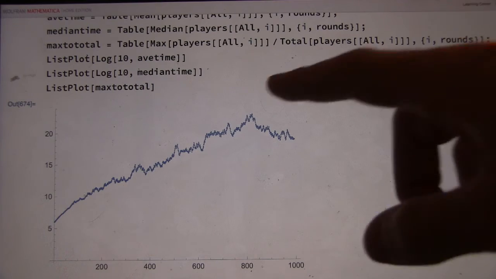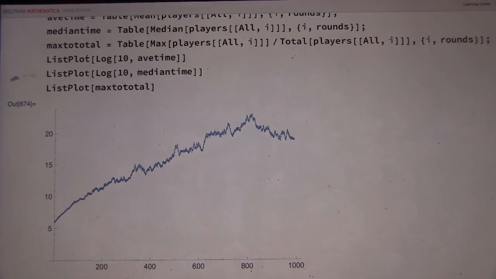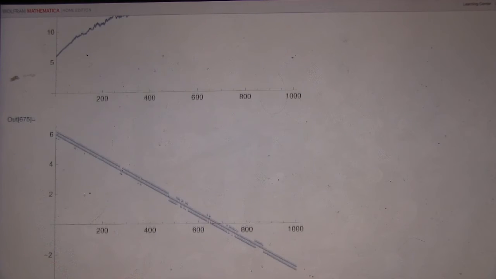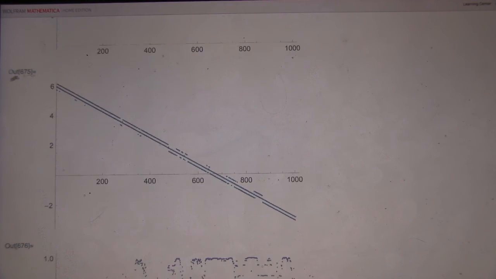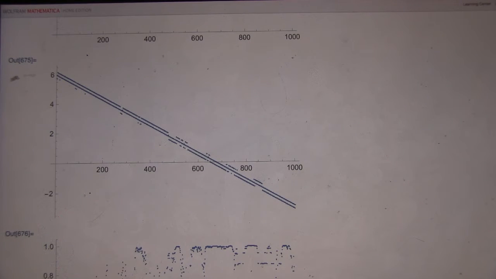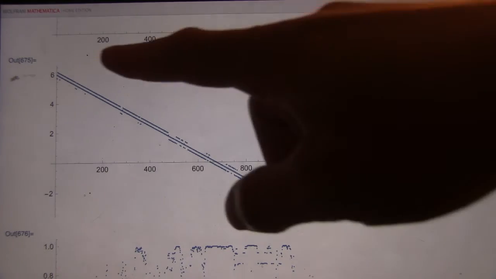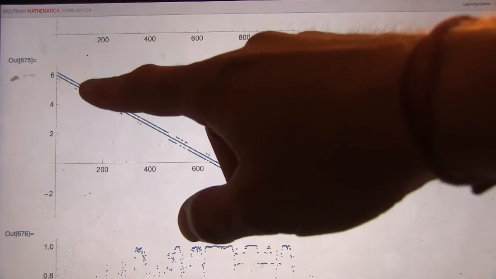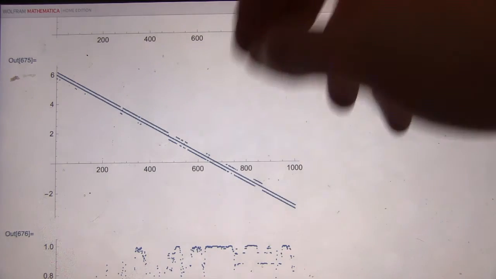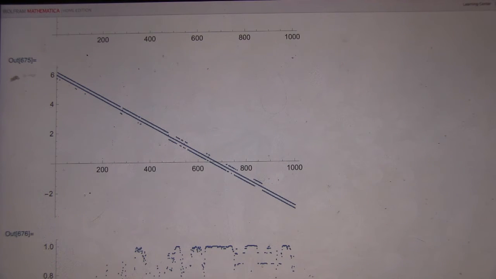But the next plot is the median wealth, and here's where we get an intriguing surprise. What is happening to the median wealth? Is this still log? Yeah, this is still log, so it starts at 10 to the 6th. I think the reason there are two separate lines is it depends which one's in the middle.